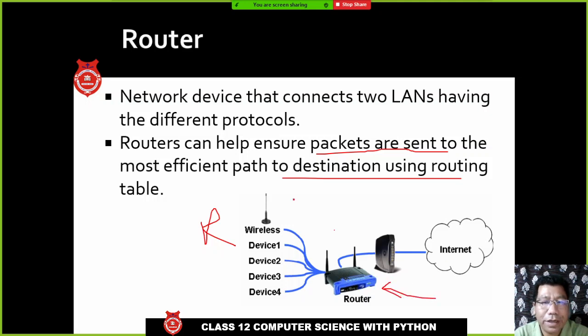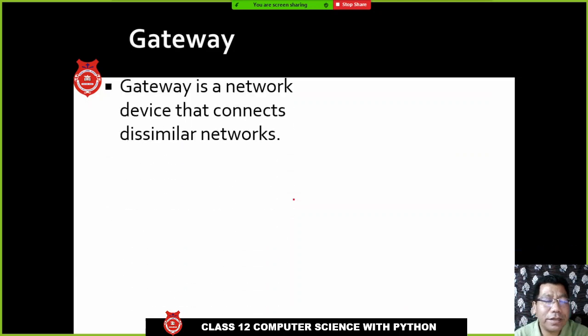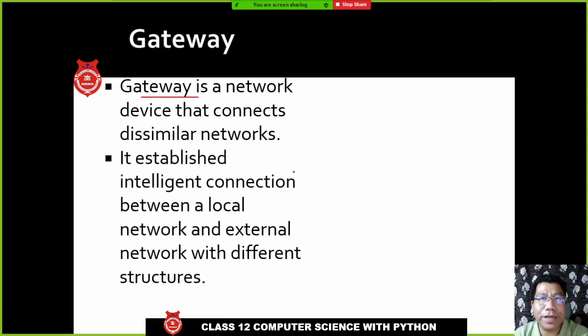So these are the devices and it will send to the internet through the router. Then the last device, which is very important in networking, is the gateway. Just like everybody has a compound with a gate, for an internet connection there is also a gateway.